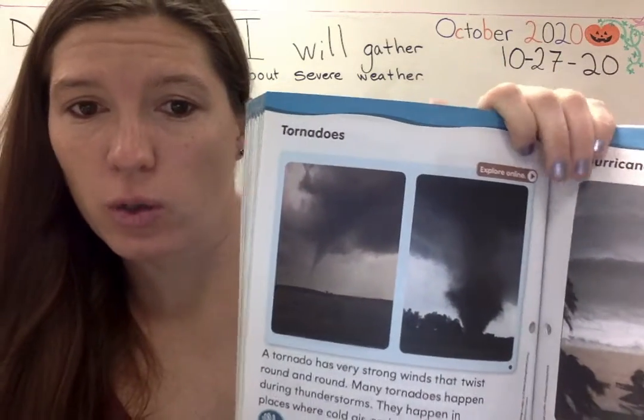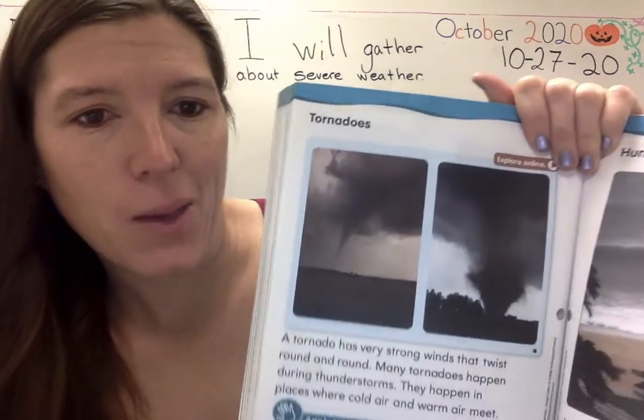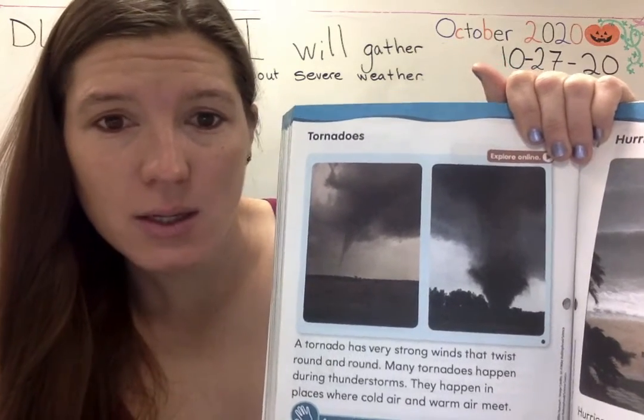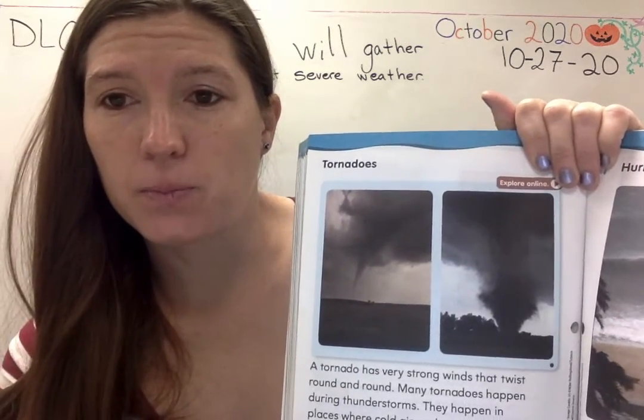Tornadoes have very strong winds. What do you already know can happen in severe weather with strong winds? We just talked about it. When we've got strong winds, property can be blown around. Trees can fall down. Trees can fall on cars. Trees can fall on houses or buildings.